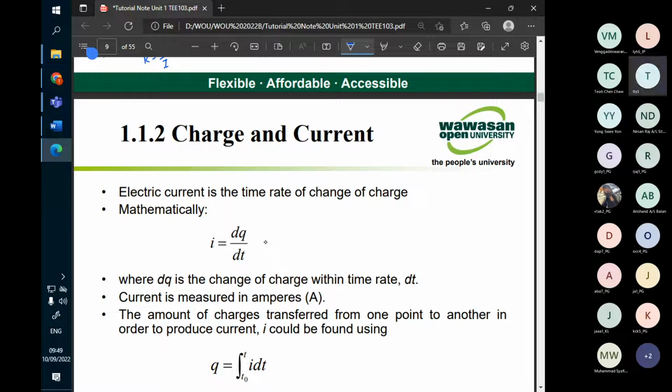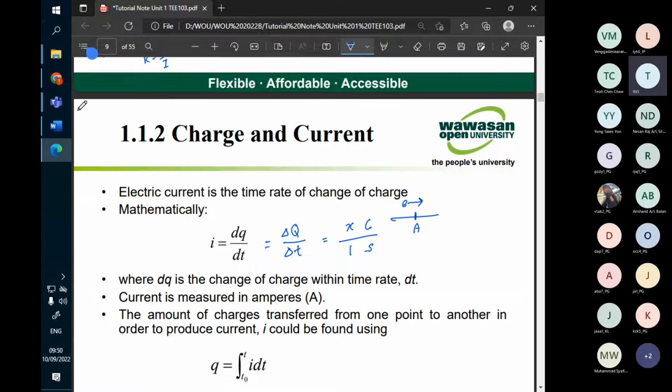You can view it as so much charge within 1 second flowing across point A. If a certain amount of charge flows through point A within 1 second, this is defined as the current.